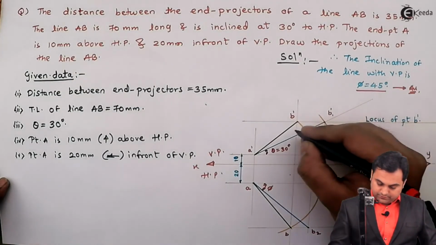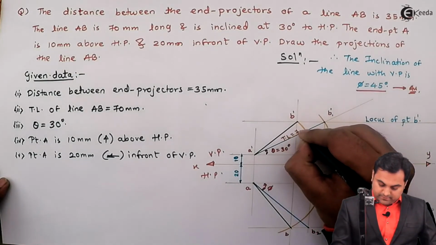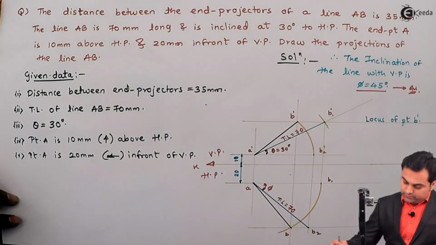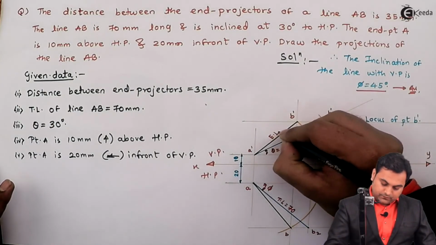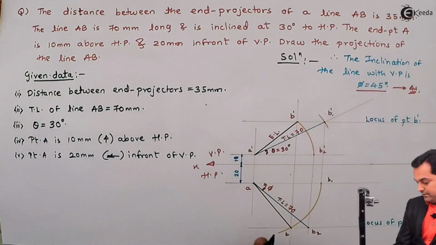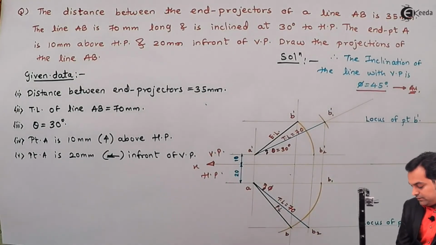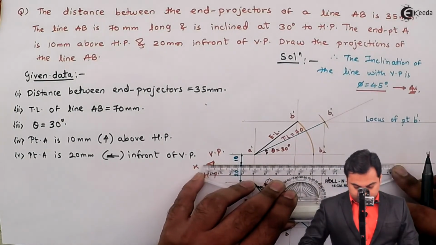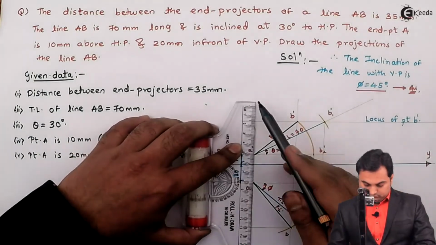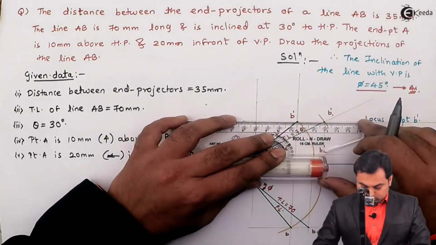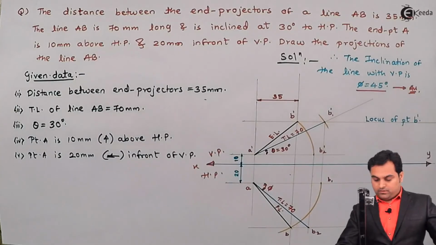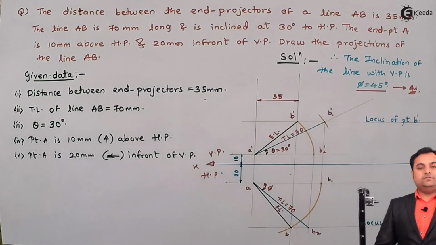So this is the true length, 70 mm, even in the top view. Here is the elevation length in the front view, and this is PL, the length of the line in the top view, called the plan length, 35 mm, which is the distance between the end projectors, and with this the problem gets completed.